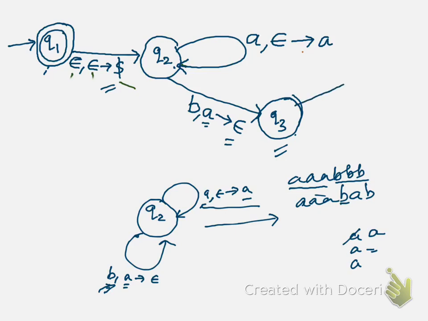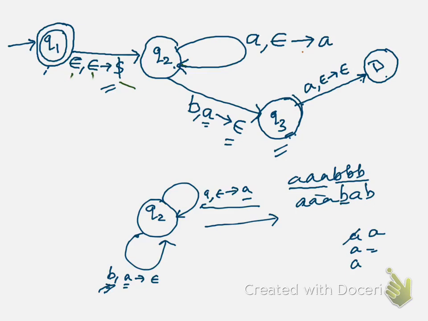So for this I can also write down a transition like this. If I see an A on Q3, then no matter what is there in the stack, I am going to do nothing and move to a dead state. Because I have already seen all the A's, I saw the first B. After seeing the first B, if I saw an A, I should move to the dead state.